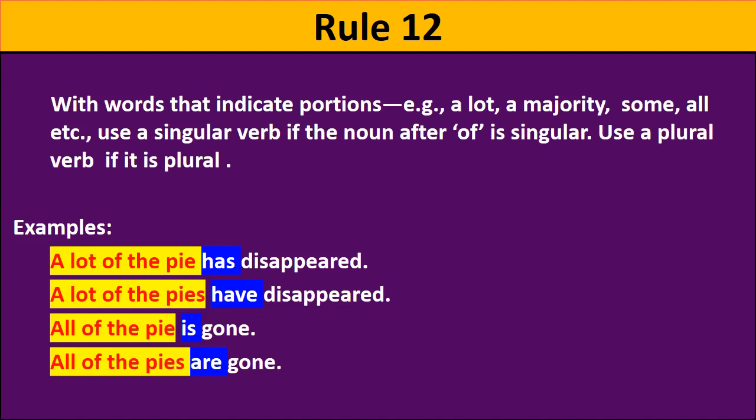So after of, the pie, the subject is singular. That is why the verb provided, has, is singular. A lot of the pies have disappeared. Now here pies is plural, that is why have. All of the pie is gone. So pie is singular, that is why is. All of the pies are gone. So pies is plural, that is why are.